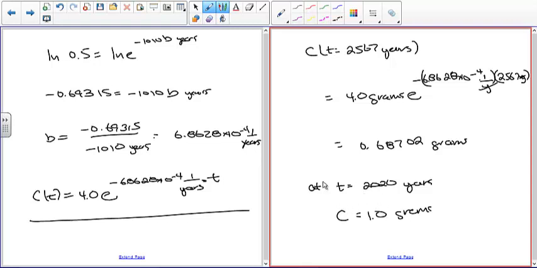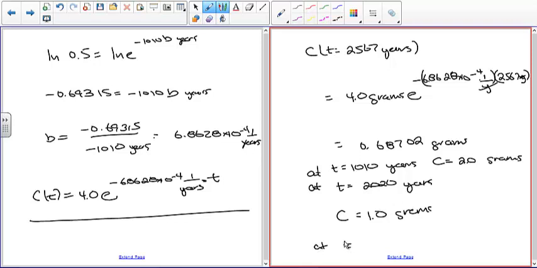Because at t equals half-life, C is equal to 2 grams. That's because the initial quantity was 4, so after 1,010 we have 2 grams. After 2,020 we have 1 gram.